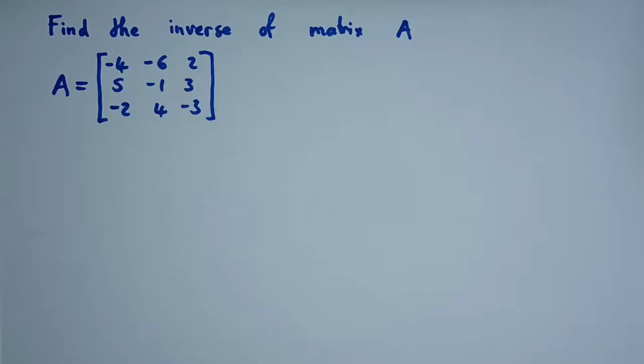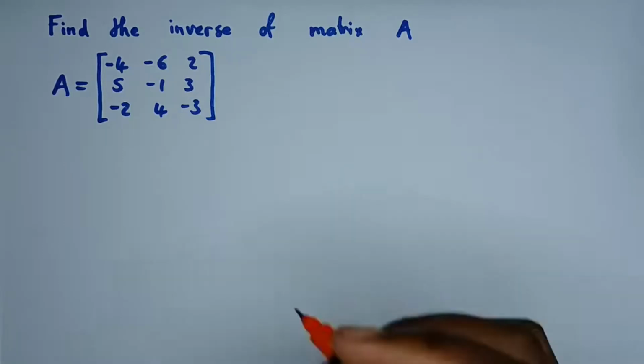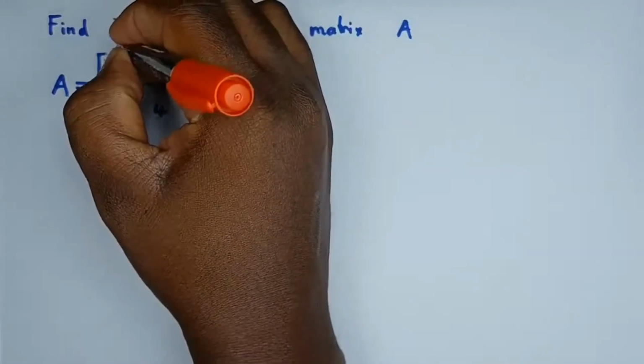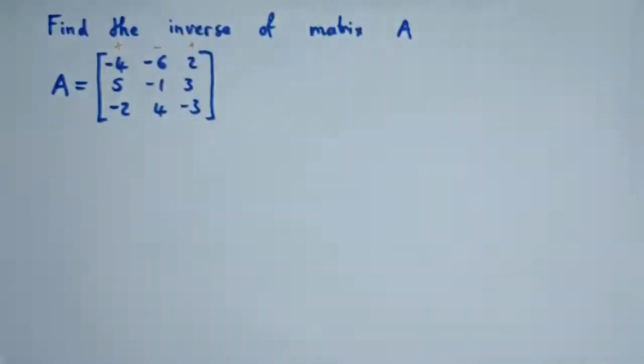Okay, so to start with, let's start by finding the determinant of this particular matrix. So to get the determinant, we know that we should insert a positive, negative, positive there like that. Then having done that, let's start computing our determinant.